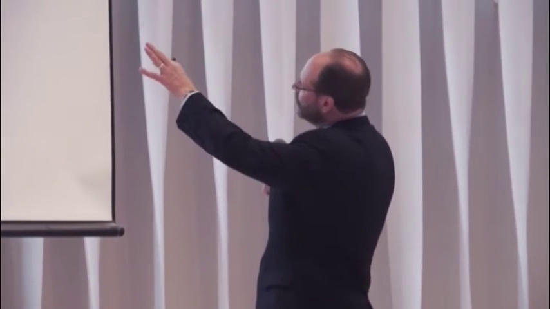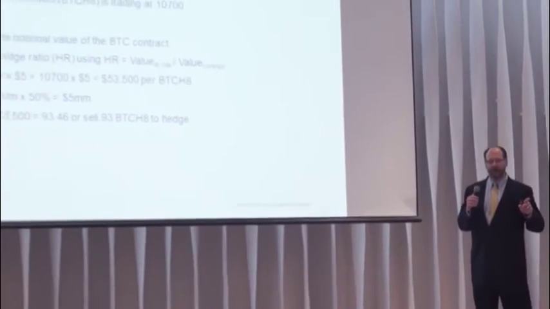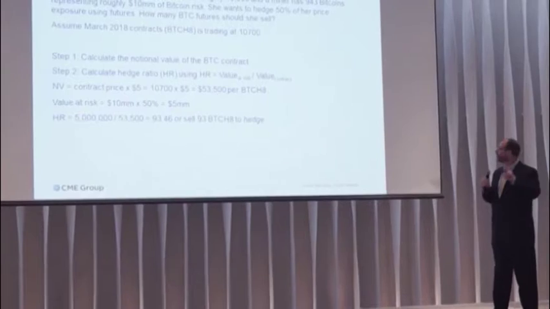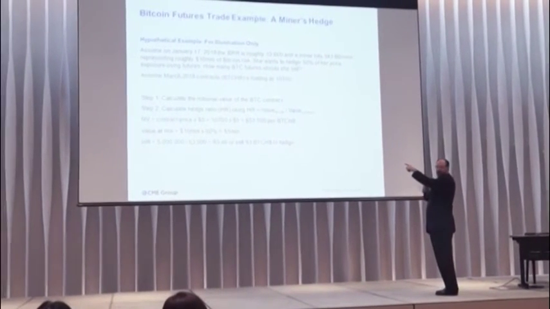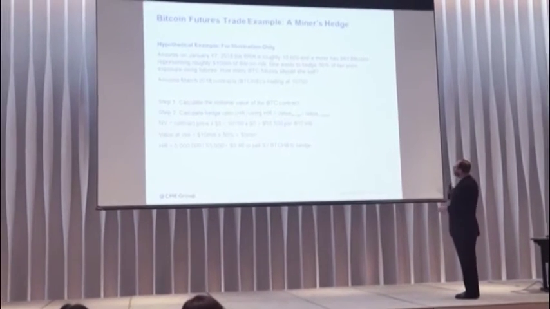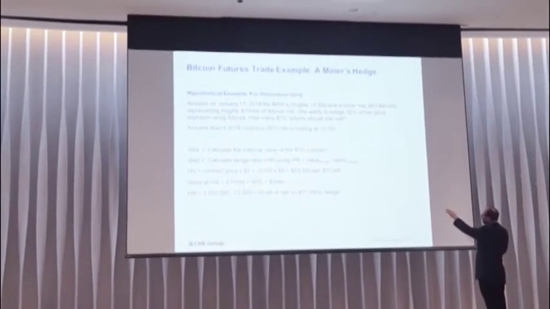Well, if we look at the March 2018 futures contract, the first quarterly contract available to trade, it would be trading at roughly 10,700, at a slight premium to the BRR index. So the first thing we need to do is to calculate the notional value of the futures contract. And that's done by applying the multiplier of $5 per contract times the contract price.